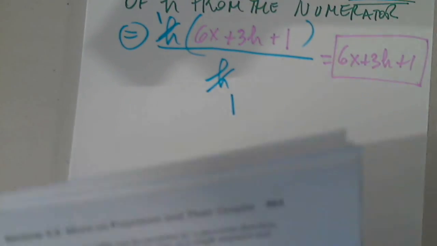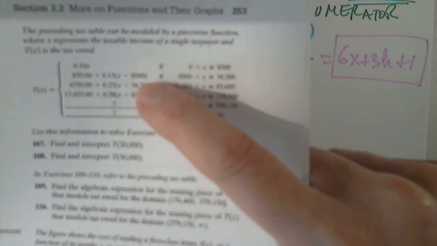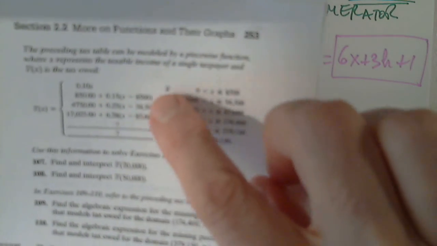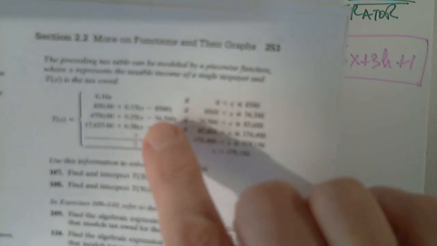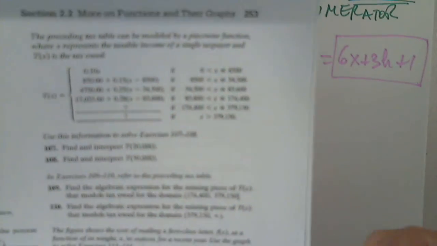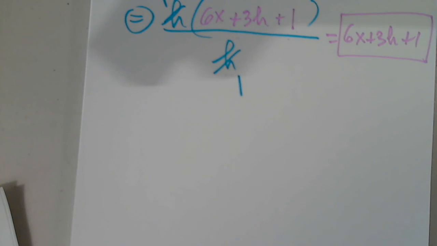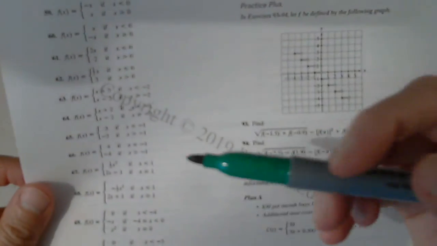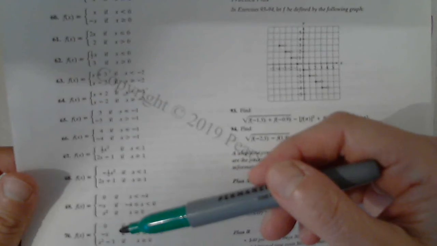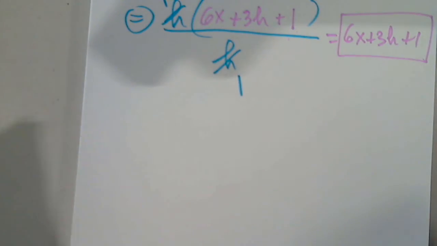Also on page 253, look at all this. Many branches. So this function has even more branches than 2. Okay, so let's graph a piecewise defined function. I'm going to make one up because these functions have x squared in them. We haven't discussed the quadratic functions yet. So I'm going to make up another function.